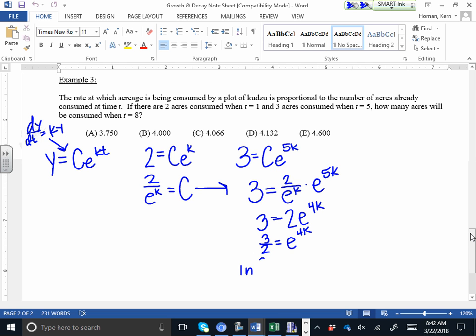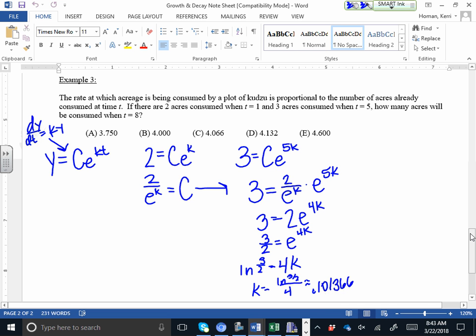So we have natural log of 3/2 equals 4k. So we have the natural log of 3/2 over 4, which is 366. Okay, beautiful.